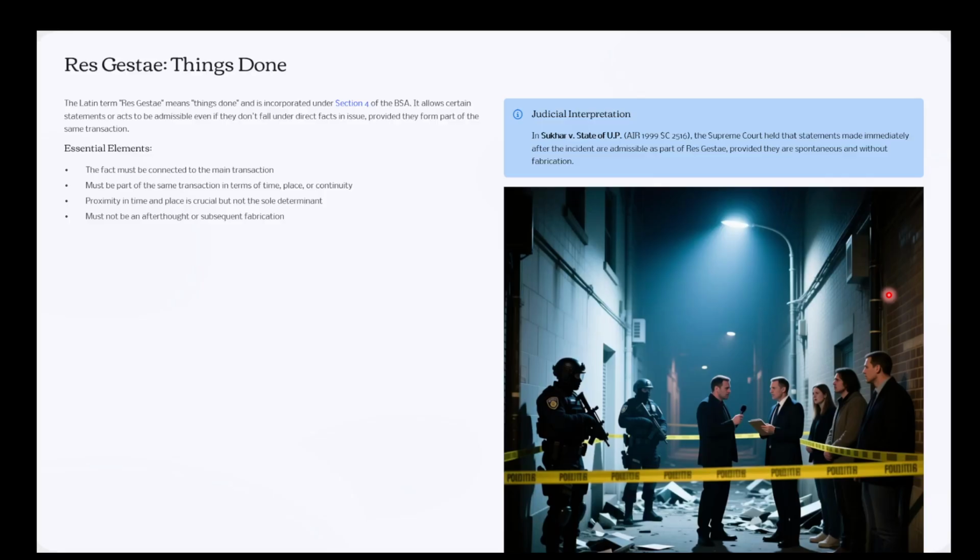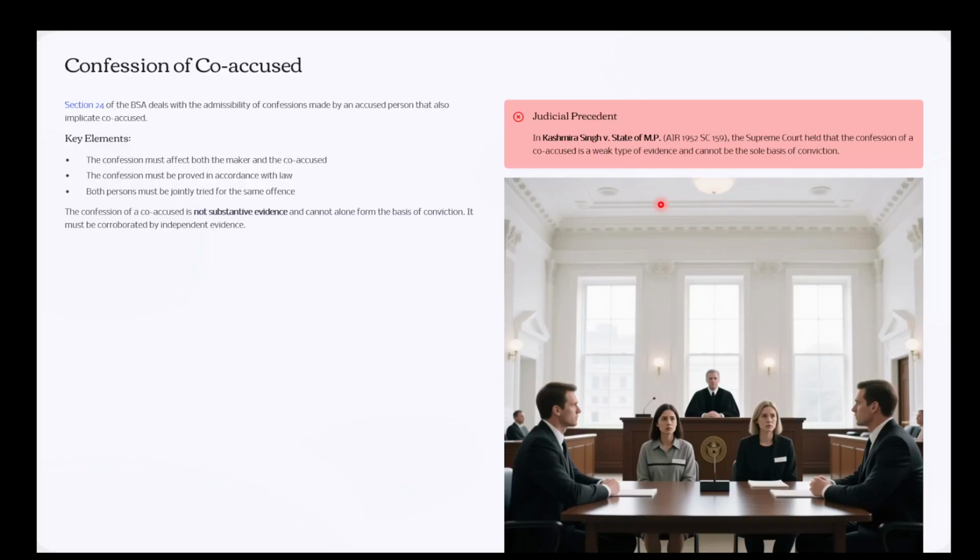It must not be an afterthought or subsequent fabrication. On judicial interpretation, in Sukhar versus State of AP, the Supreme Court held that a statement made immediately after the incident is admissible as part of res gestae, provided it is spontaneous and without fabrication.